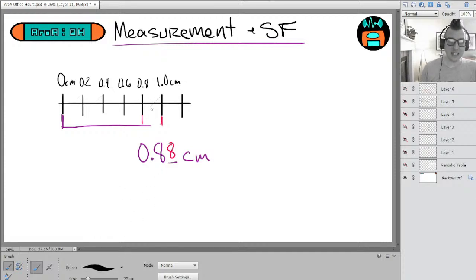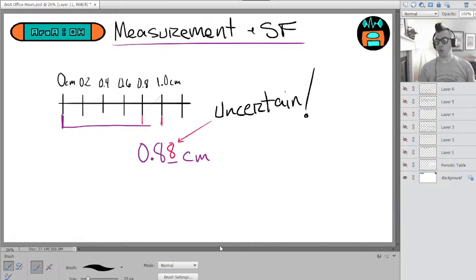But the reality is, we have no idea what this is. That last digit in this number is uncertain. It is called the uncertain digit because it falls in between measurements. It falls in between where we have lines marking off how long something is. So it's our best guess.